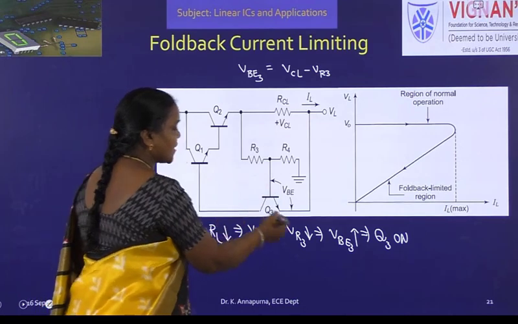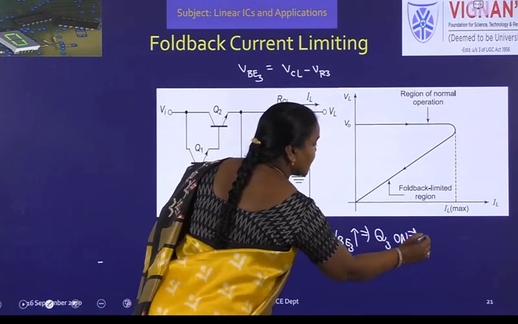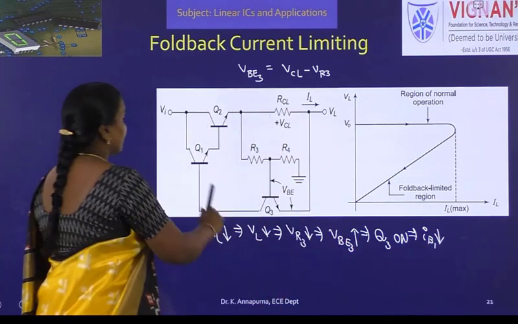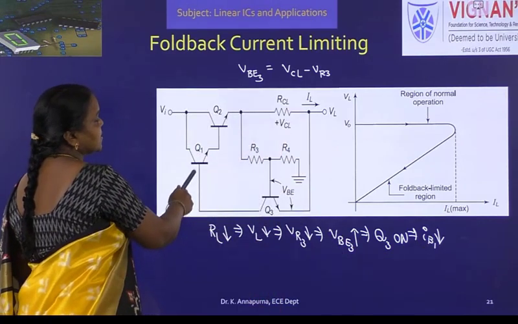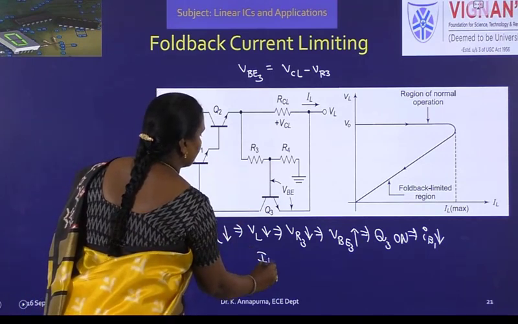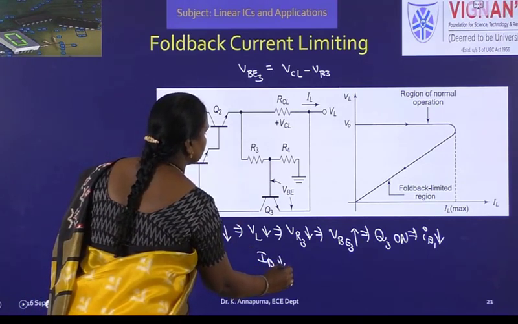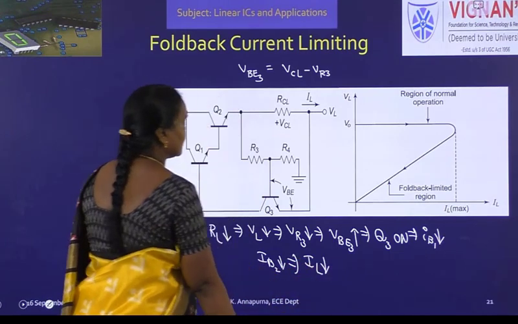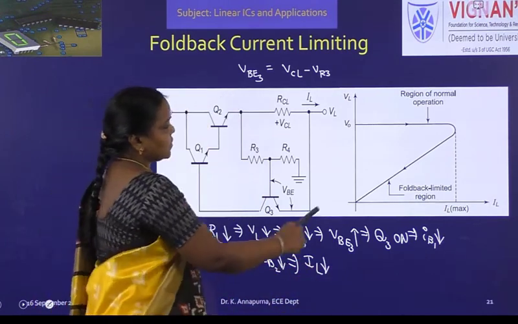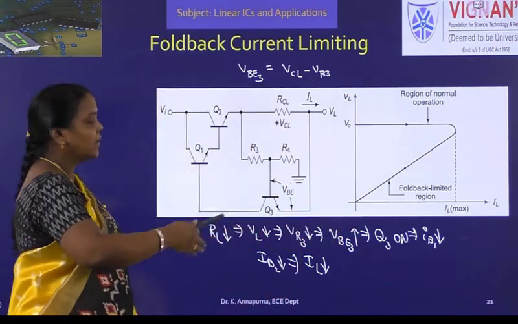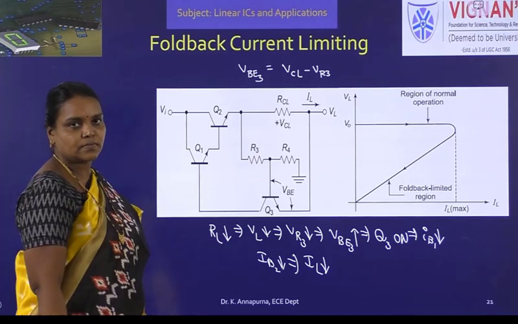So here the base current of the first transistor will decrease. If the base current of the first transistor decreases, automatically the base current of the second transistor decreases and hence the load current will decrease. This process repeats until the load current becomes 0.